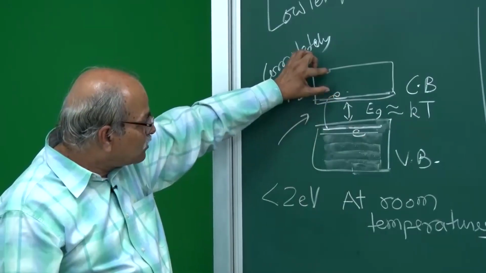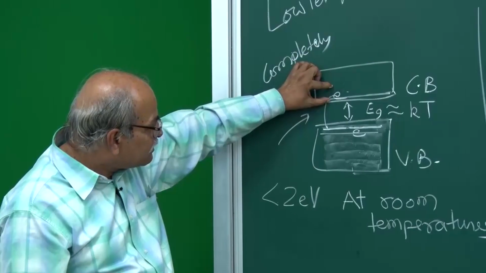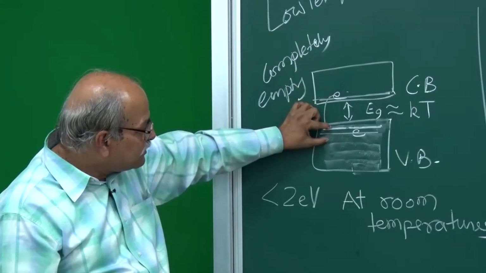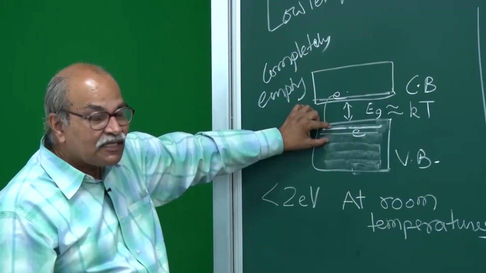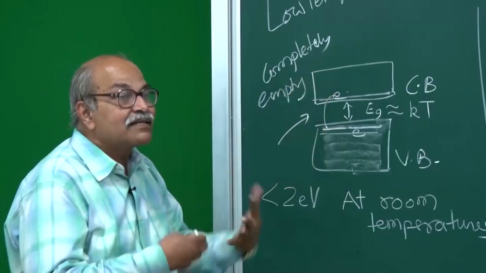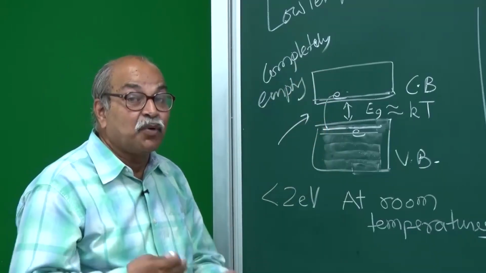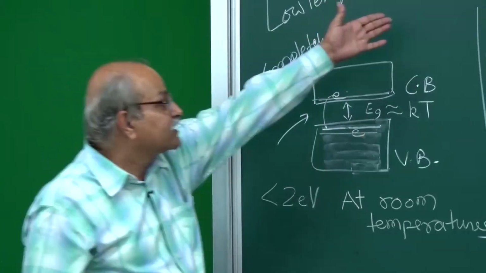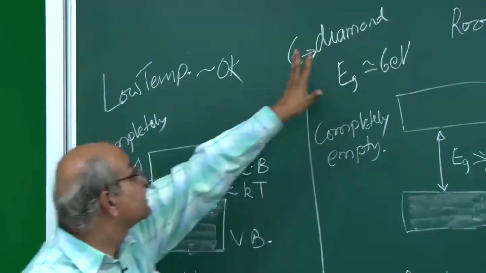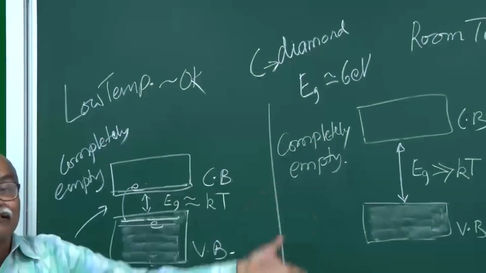So, all because of these electrons in the conduction band and because of these empty states in the valence band, both ways some electric conduction is possible if you apply this electric field, if you connect that system to a battery.